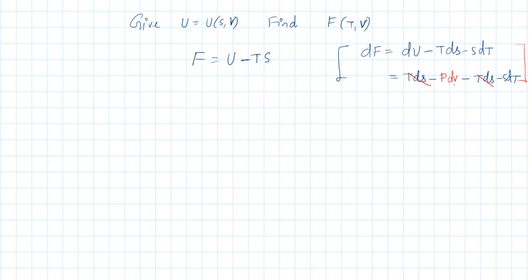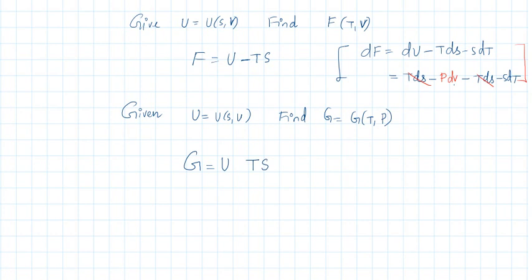Now, given U as a function of S and V, find G as a function of T and P. Then you can write G is equal to U. Then the variables exchanged are T and S, P and V. You have to write it like this, not TP or SV.